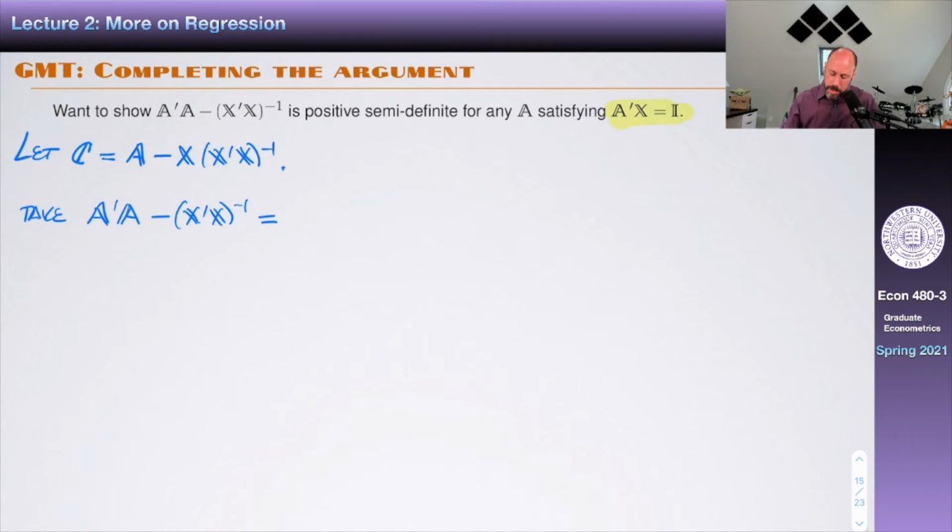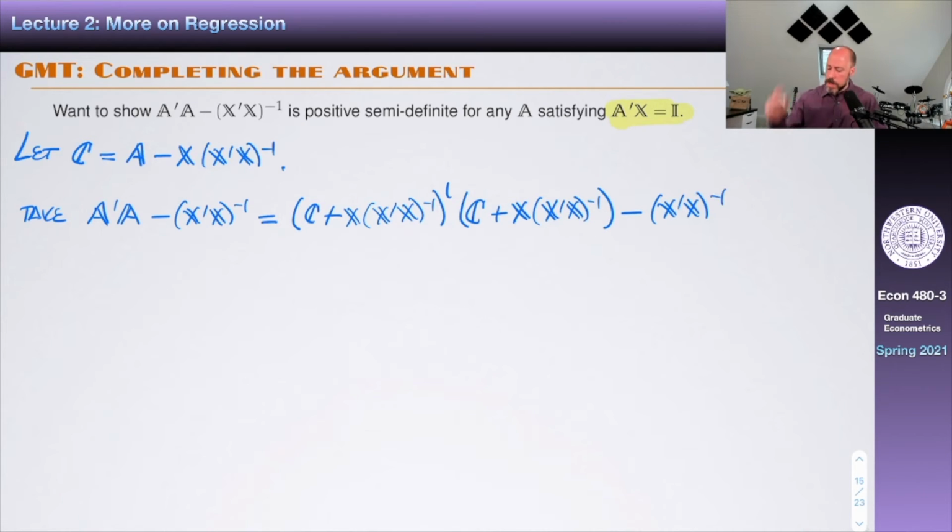So this is going to be C plus x prime x inverse x prime, transposed, times C plus x prime x inverse x prime, minus x prime x inverse. Then we'll just work out the expression.